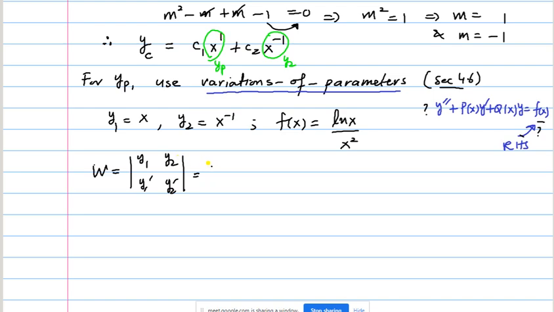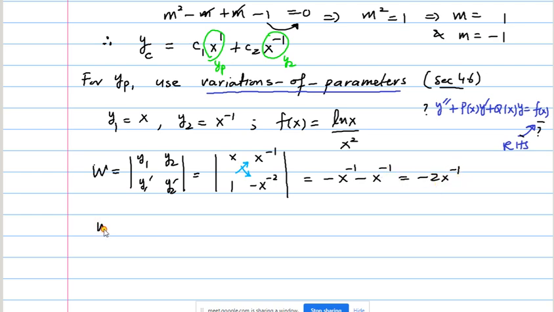So if you find that now y1 is x, y2 is x minus 1, the derivative of x is 1, the derivative of x minus 1 is this. So now if you multiply diagonal and then off diagonal, what you will get, x into x minus 2, you will get x minus 1, and when you take x minus 1, so you got minus 2x minus 1.